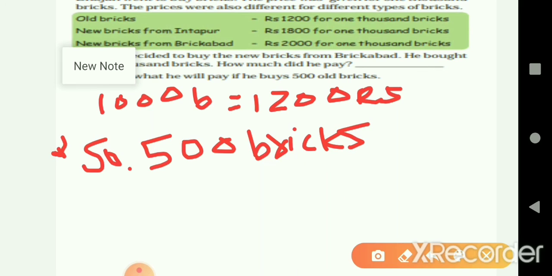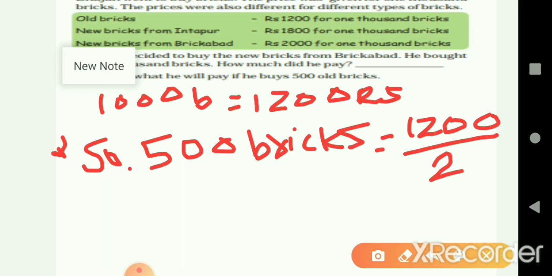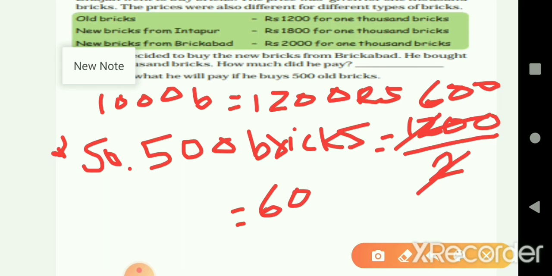So 500 bricks is equal to, when we divide 1200 rupees into half, we get the answer: 2 sixes are 12, and then we put these two 0s, so we get the answer 600 rupees.